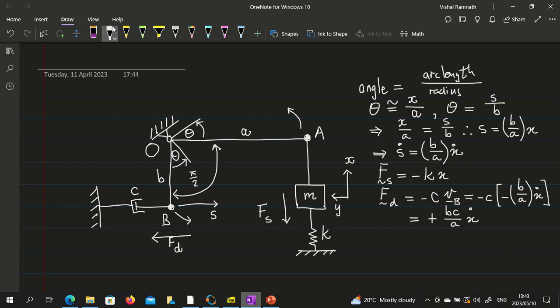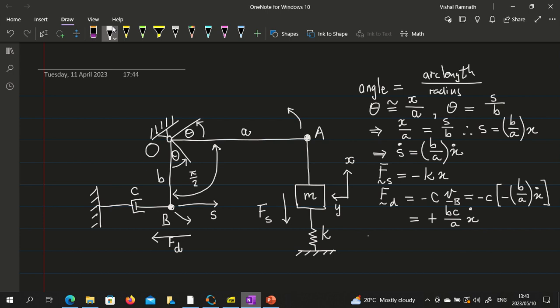So if M is moved upwards by x, it would stretch the spring, and the retarding force would be in the opposite direction, so the spring force is downwards. If M is moved upwards by x, it would rotate this in the counterclockwise. This would then move in the counterclockwise, so the motion would be towards the right. So the velocity is towards the right. And then the damping force would be in the opposite direction to the velocity. So the damping force would be towards the left.